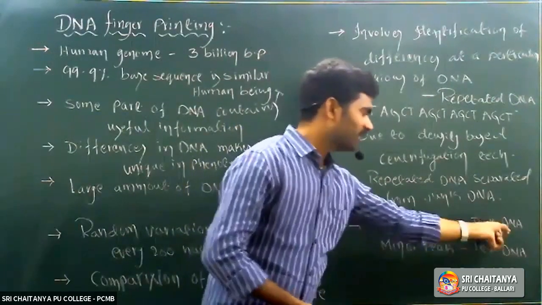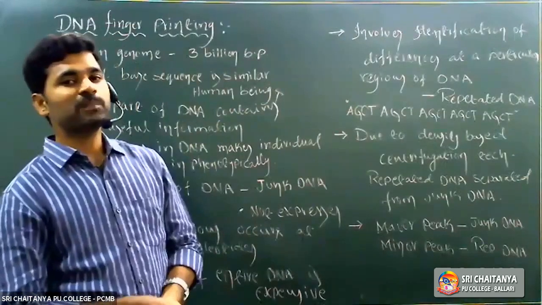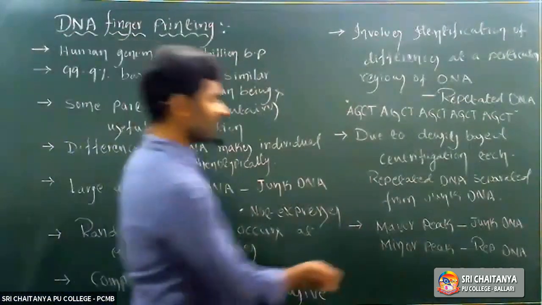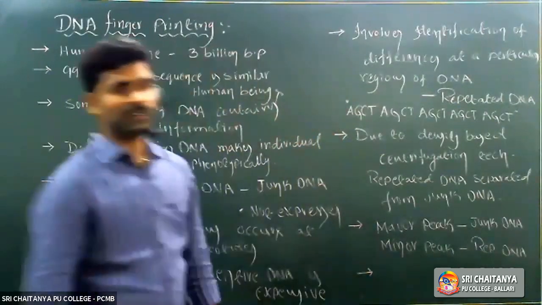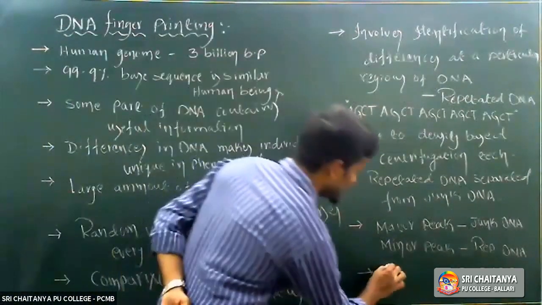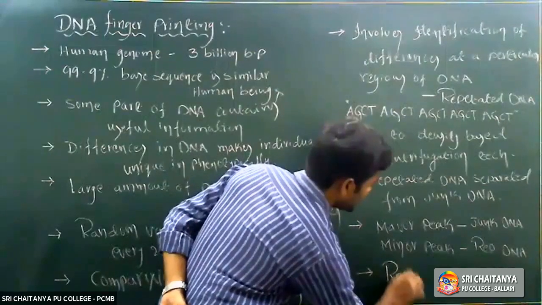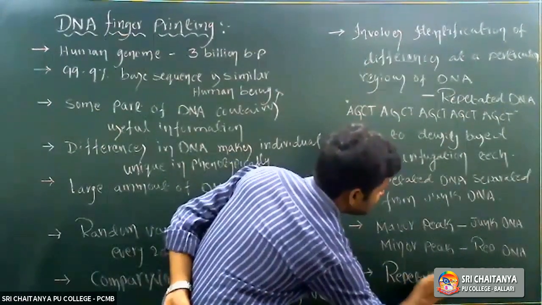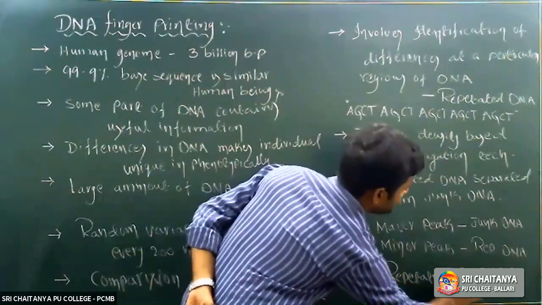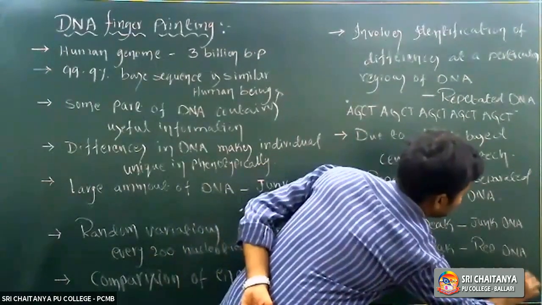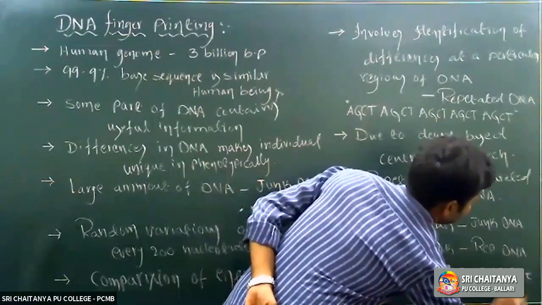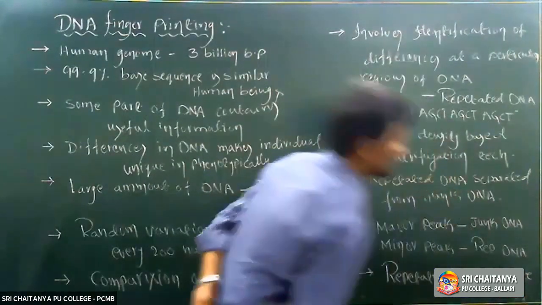The major peak is junk DNA, and the minor peak is repeated DNA. That repeated DNA is also called satellite DNA, right? So where exactly is that satellite DNA located?